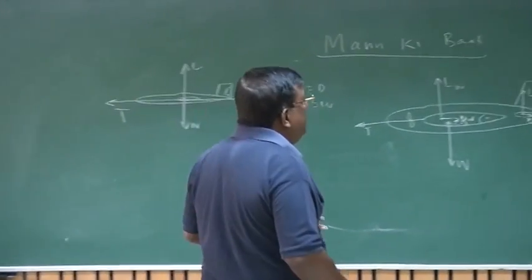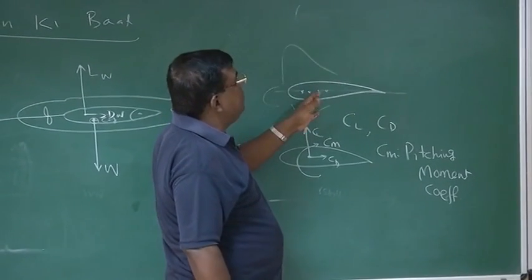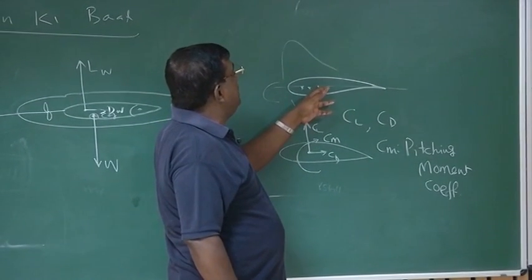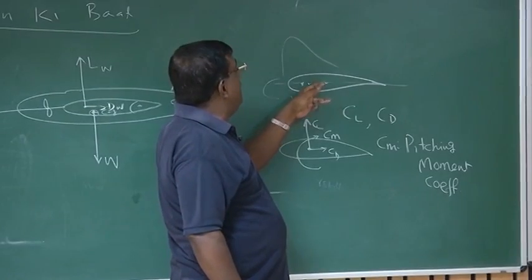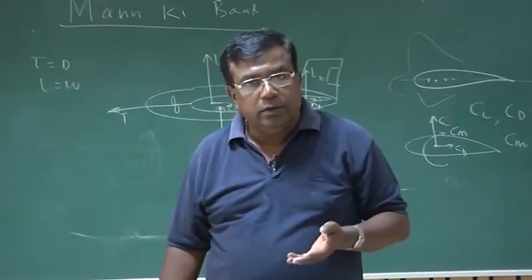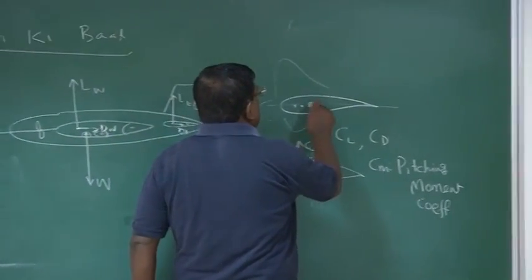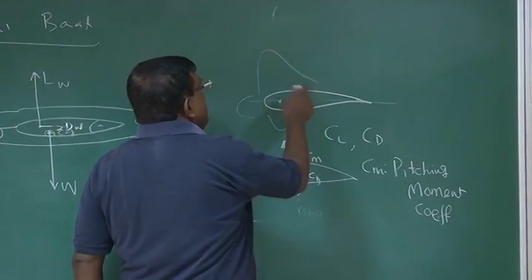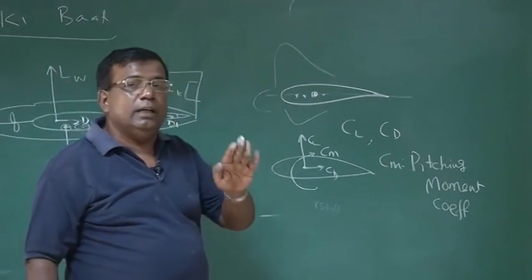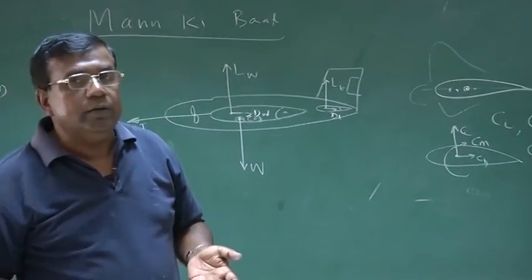I will repeat again. This is the force out of this pressure distribution. If I take the moment of that force about any point on the chord, it will vary with angle of attack also. For example, if I choose one point here, the resultant will give some pitching moment. If I change the angle of attack, the lift distribution will change, lift will change, and the pitching moment also will change.